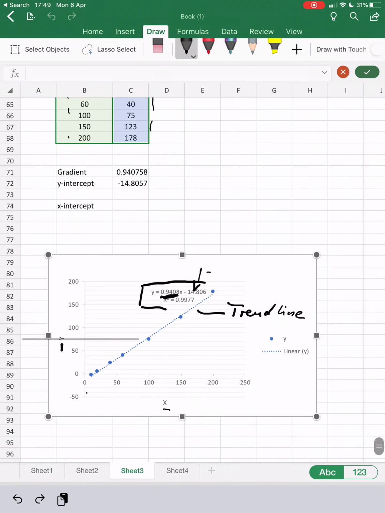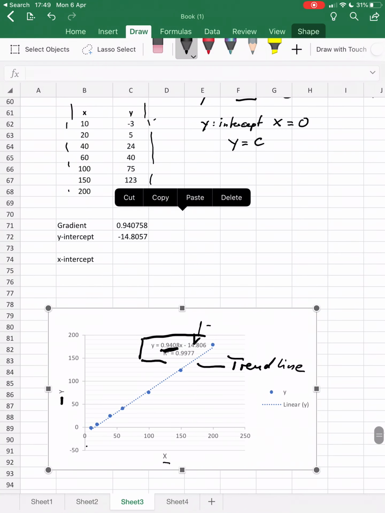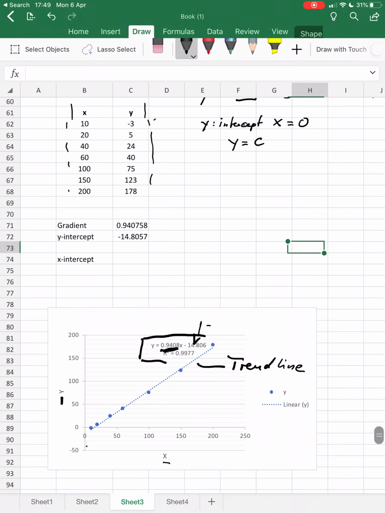Sometimes we also want to find the x-intercept. So the x-intercept is given when our y value equals 0.